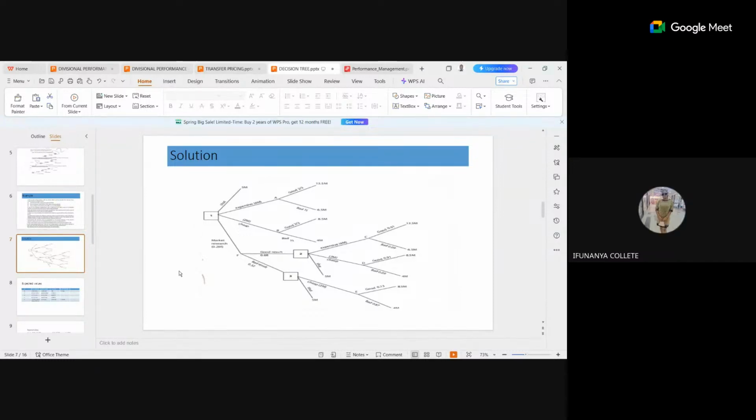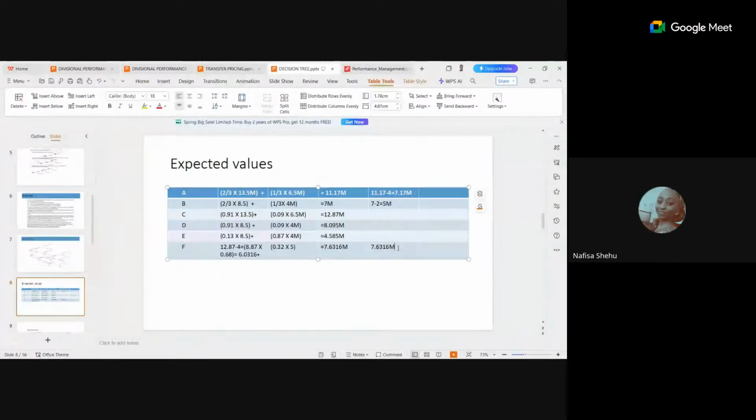Tell me the right figure. 200,000. I want you to speak like an accountant. So it's 200,000. So 7.6316 minus 0.2 will give us 7.4316 million.